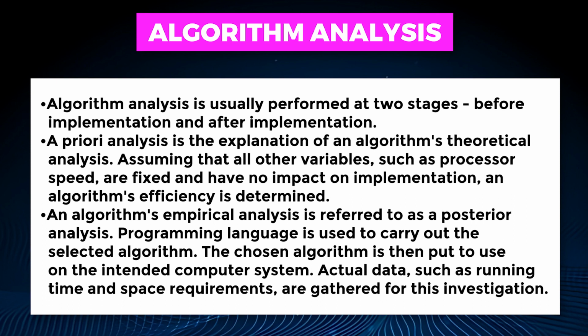A priori analysis is the theoretical analysis of an algorithm, assuming that all other variables, such as processor speed, are fixed and have no impact on implementations. An algorithm's efficiency is determined.